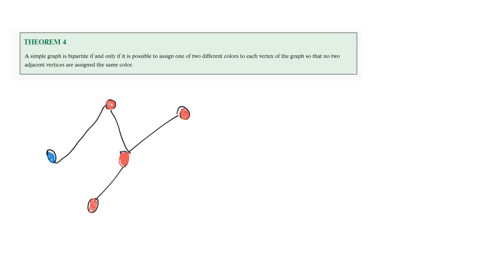And now the theorem says that a graph is bipartite if and only if you can color it with this property that each edge has two colors. So let's try to prove this.